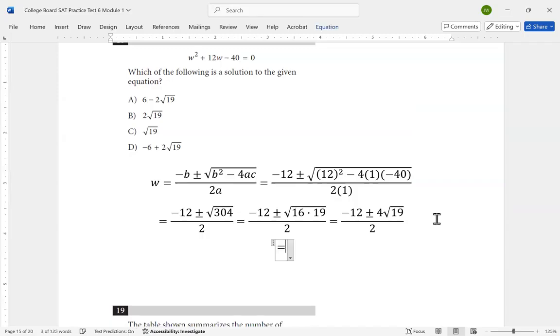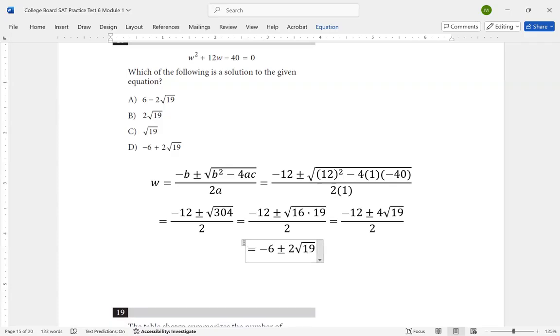And so last simplification, negative 12 over 2 is a negative 6. 4 divided by 2 is 2. And so our two answers are negative 6 plus 2 root 19, negative 6 minus 2 root 19. So I go and look at my answers.